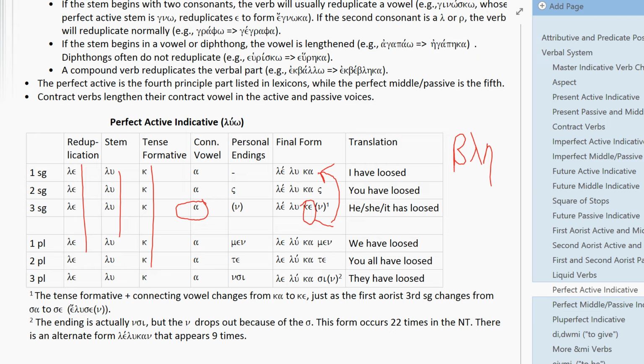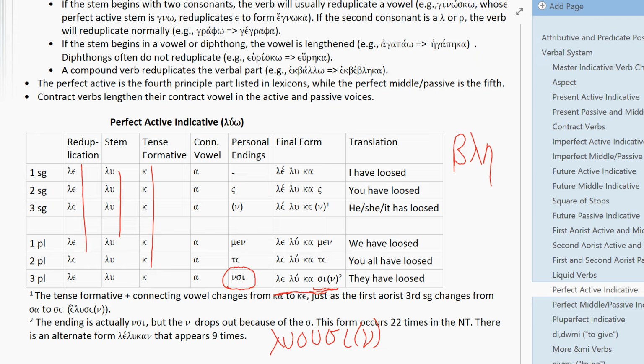The last thing is that you have nsi as the third-person plural personal ending down there. Now remember with the present active indicative, you have luousi. That's the final form, with the movable nu.